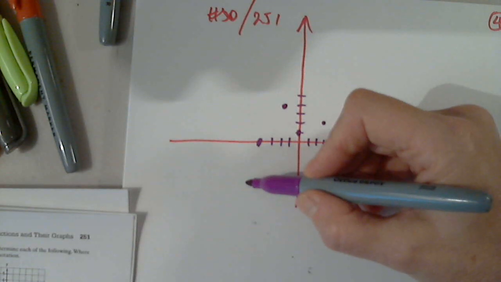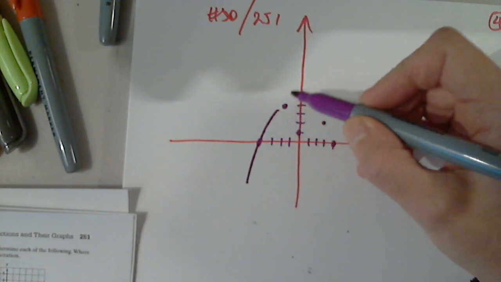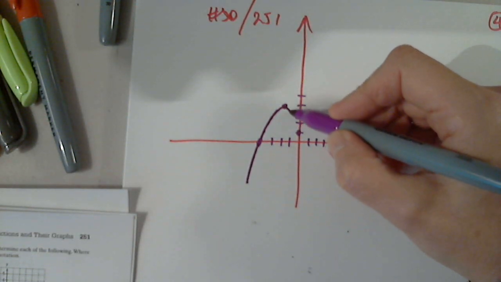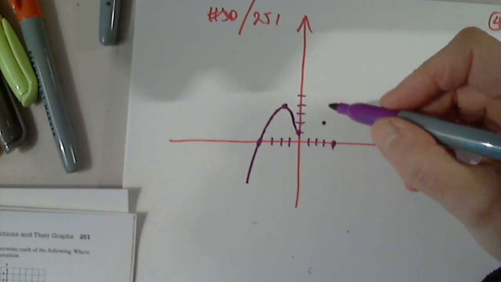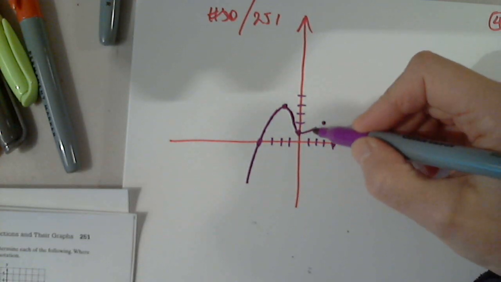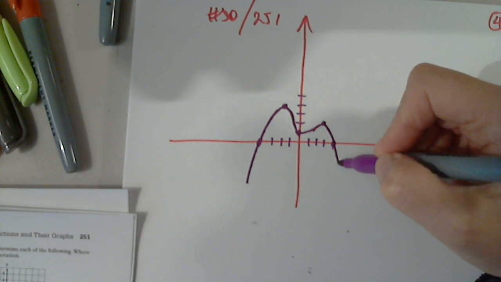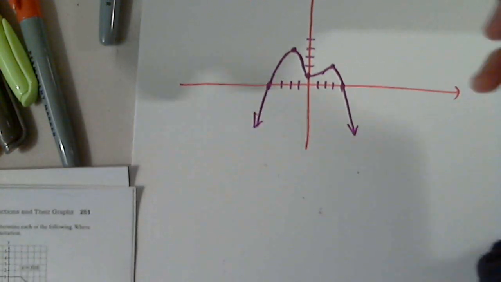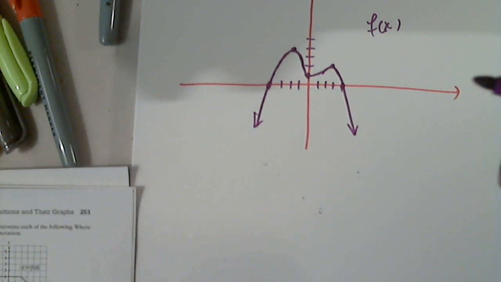I think the graph looks like this. So this is the graph of f of x.